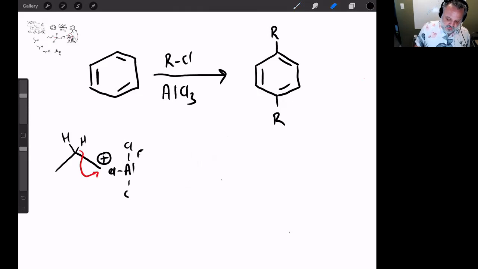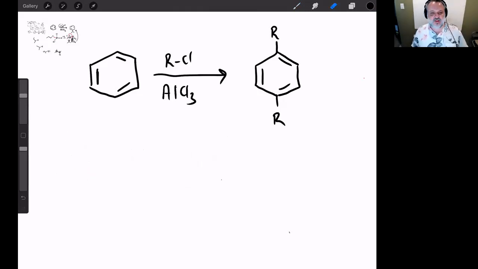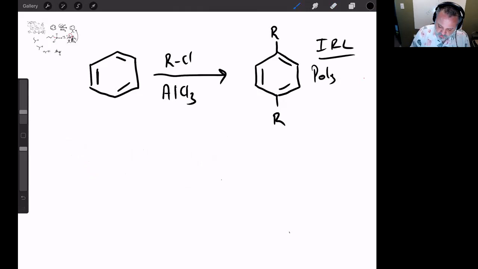So again, the alkyl group attached to the benzene ring is an activating group. So it does the next alkylation faster. So in real life, polyalkylation is difficult to avoid.